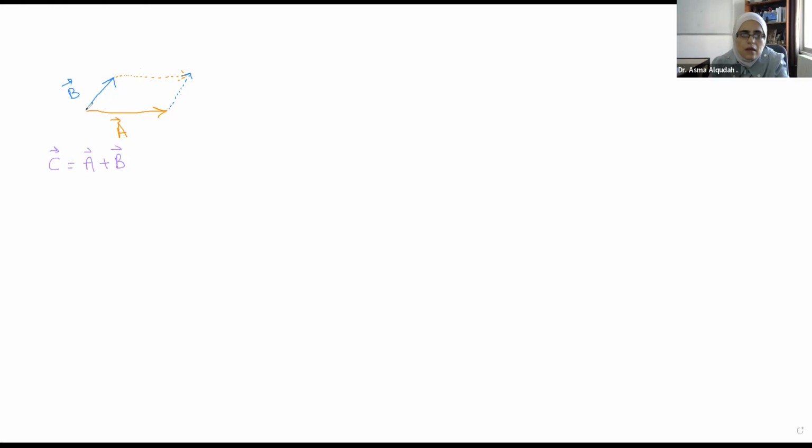So the summation of A and B, which is vector C, starts at the point between the two vectors and goes to the other corner of the parallelogram. Okay, from the heads of the two vectors to the tails of the two vectors. So this is vector C. This is the parallelogram rule, rule number 1.